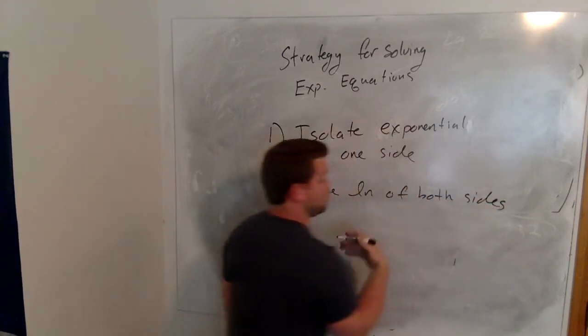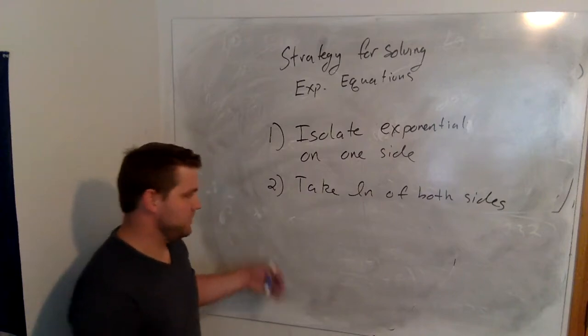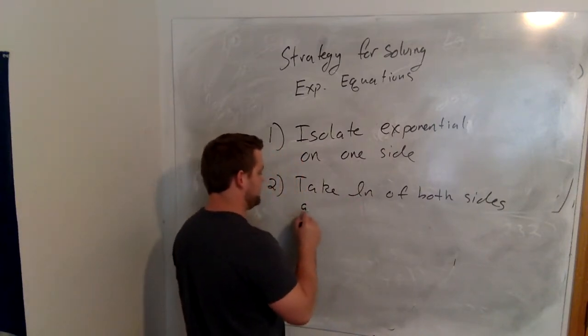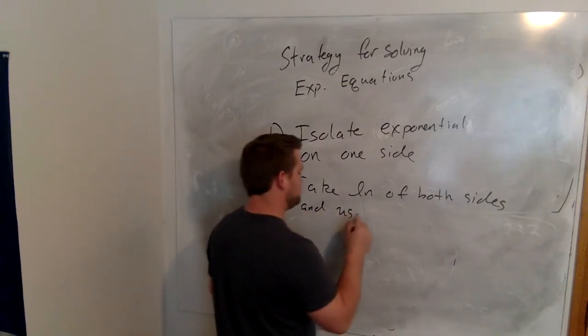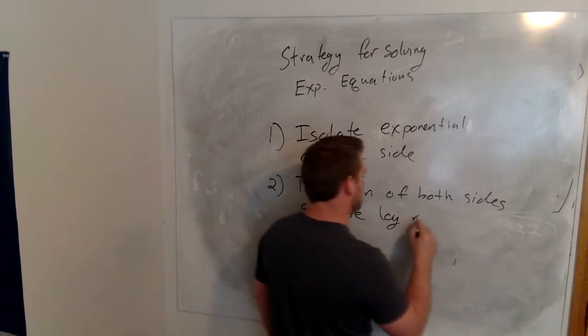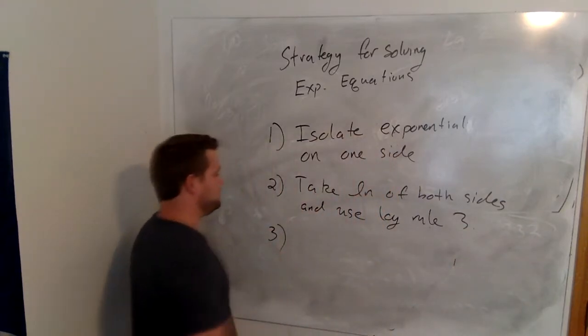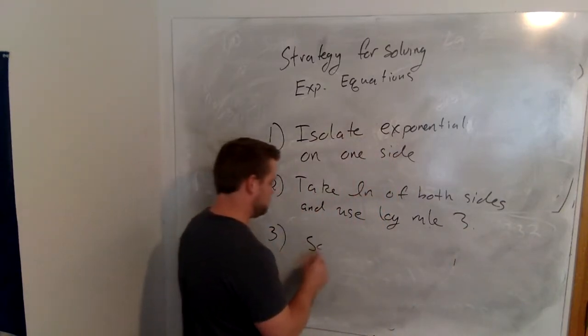You also could take log of both sides, but that's one extra letter you have to write. Take natural log of both sides and use log rule 3. Third step, what are you going to do? You're going to solve for x.